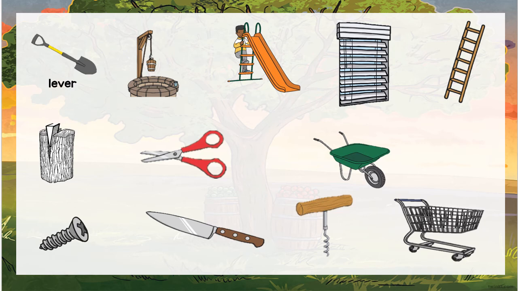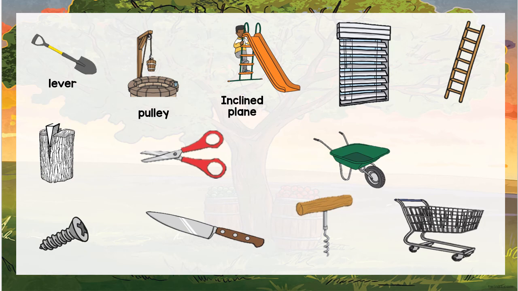A lever. Very good. The next one, we have a well with a bucket. What type of simple machine? That's right, a pulley. Then we have the boy going up a slide. What type of simple machine is that? Inclined plane. Very good.